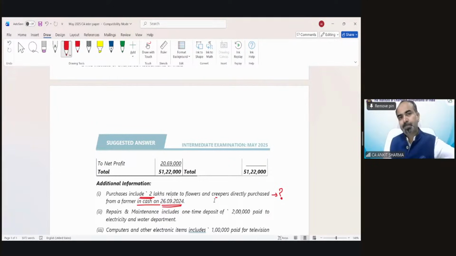Lokesh is saying allowed, and Ram is saying allowed because it is a direct purchase from a farmer. Almas is saying allowed because payment is made to a farmer.